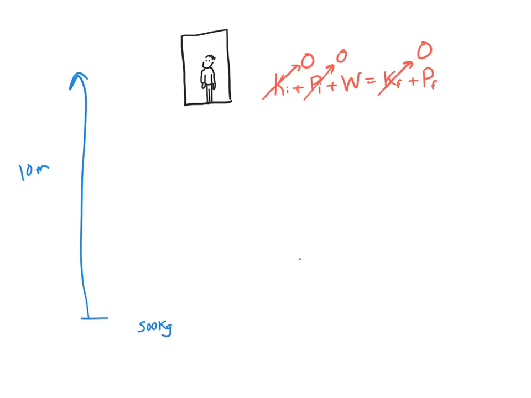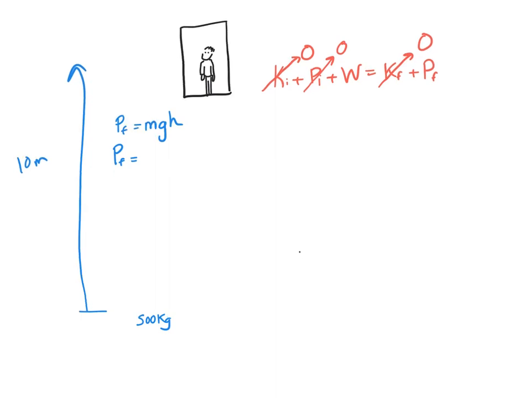So let's calculate that. Potential final, P final, would be mass times gravity times your height at the end. Our mass was 800. Gravity is 9.8. The height was, don't put 3 because it says 3 stories just to throw you off, the height was 10.